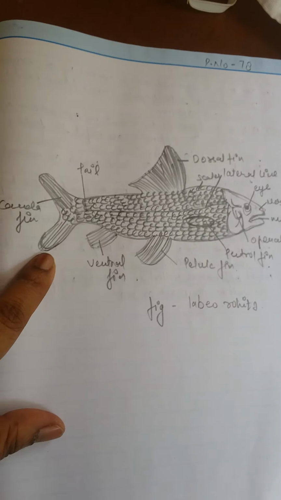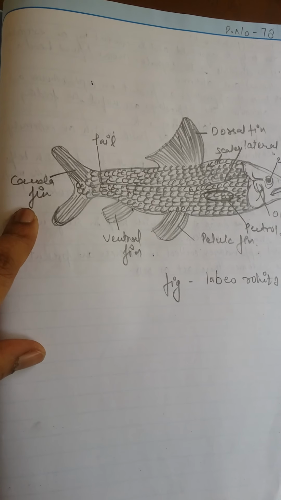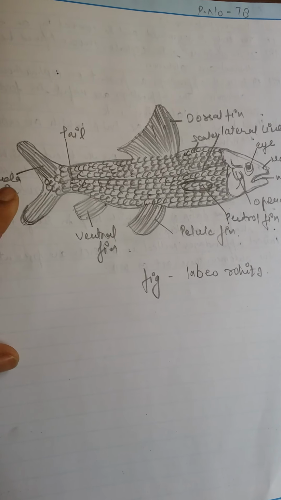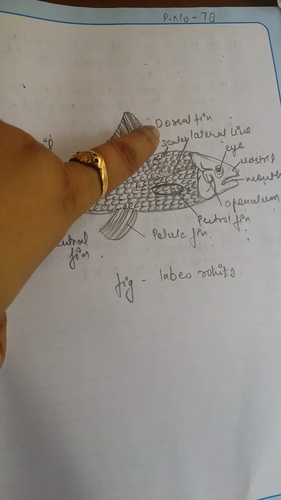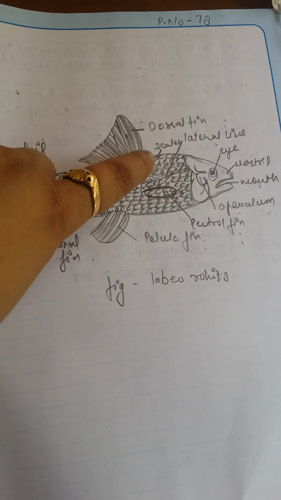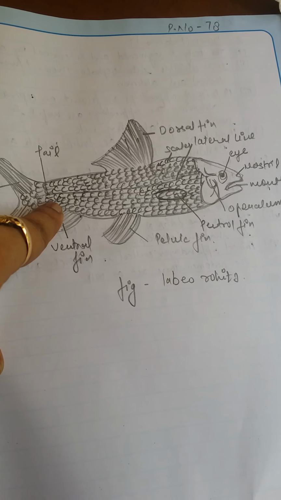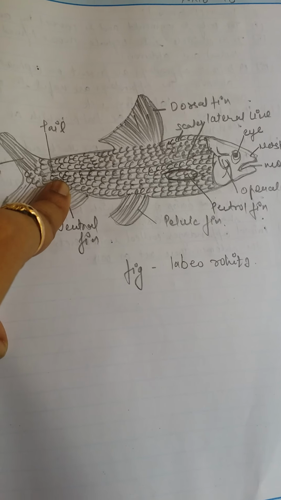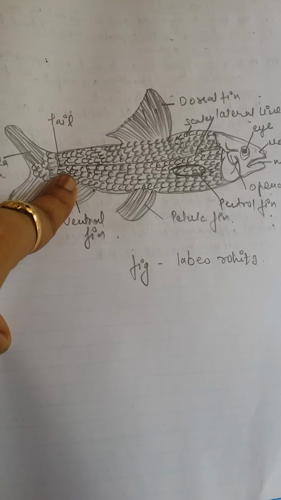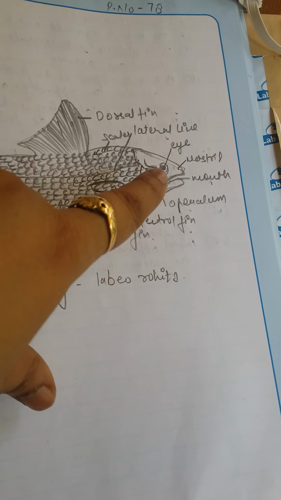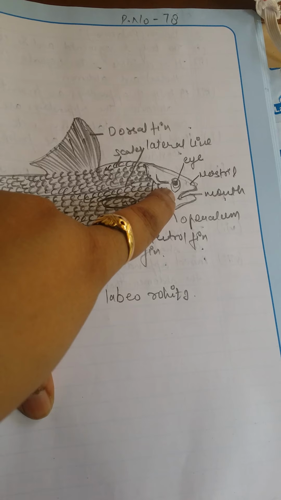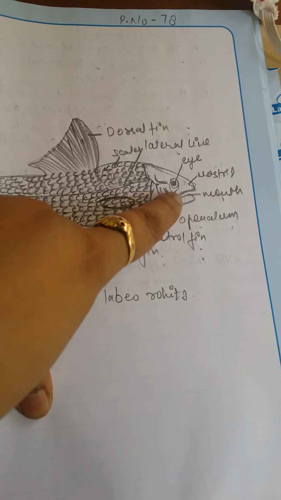This is Rohu. This is a fish which has a caudal fin at the end of the tail. This is the dorsal fin, which helps them to swim in the water. This is the presence of scales, which help them have a waterproof exoskeleton or epidermis. The eyes are present on the anterior end, along with the nostril and mouth.